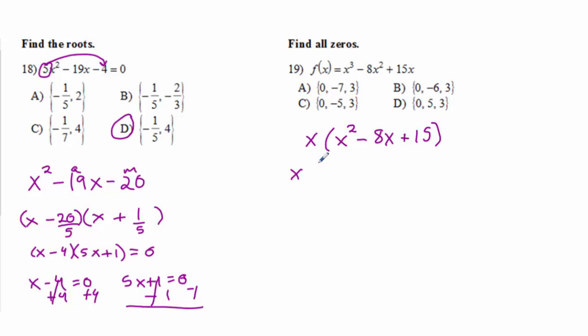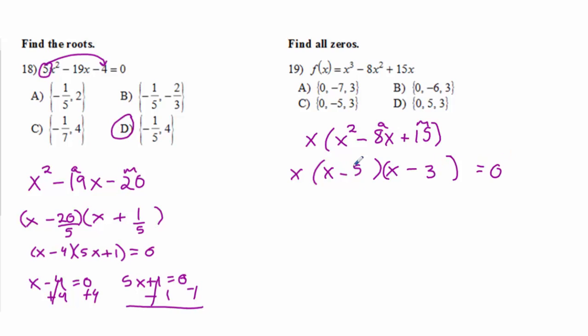And then we're going to factor again, because x squared minus 8x plus 15, I can split up into two parentheses with x's, where I'm looking for what multiplies to get 15 that adds to get -8. -5 and -3.